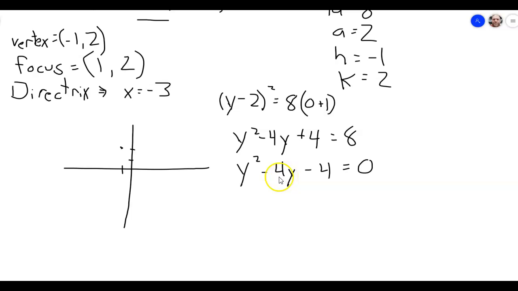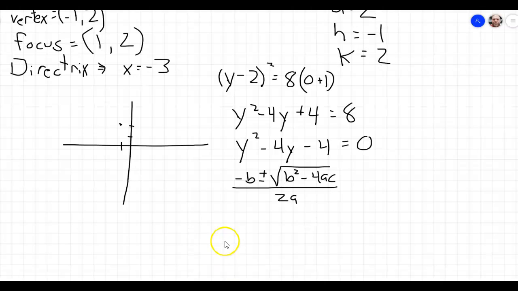So since this is unfactorable by normal means, I have to use the good old quadratic formula, which is -b plus or minus the square root of b squared minus 4ac, all over 2a. So this is what we're going to use to solve that.